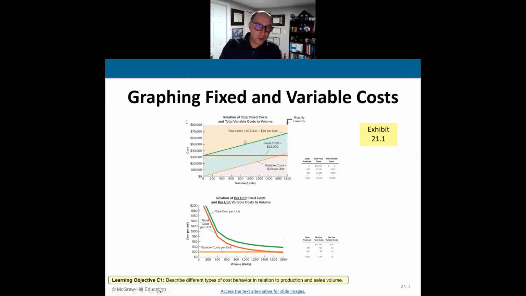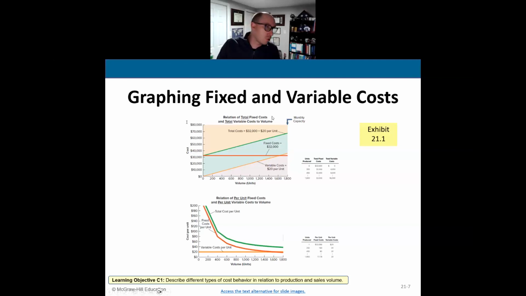The variable cost is the unit cost. It takes $20 to make 1 unit of product in this example. And the more units I make, the higher my variable cost is going to be. That makes sense, right? So I've got my fixed cost, $32,000, and my variable cost, $20 per unit.